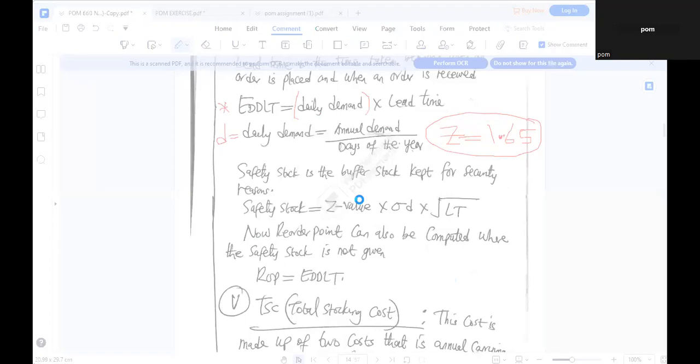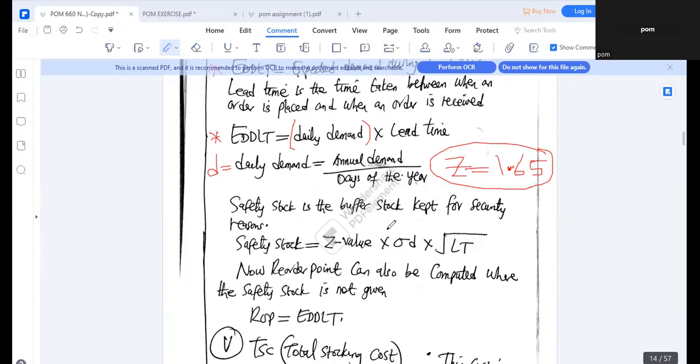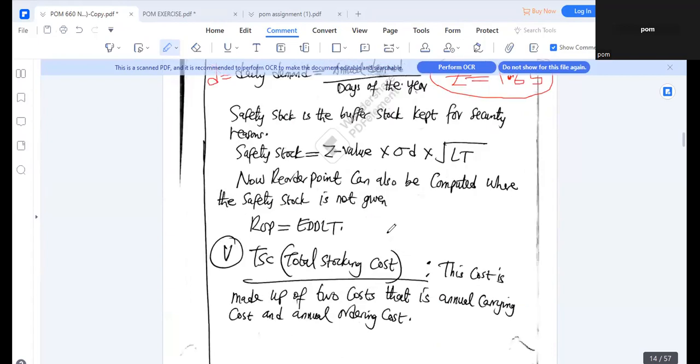Okay. So this is what goes on. Getting down to the order point, we can now see that we have this formula here.